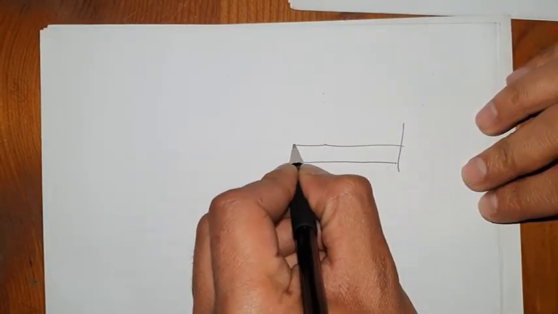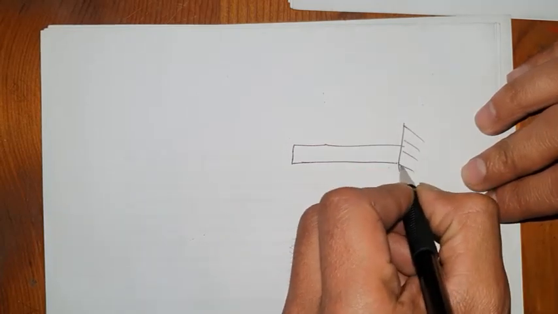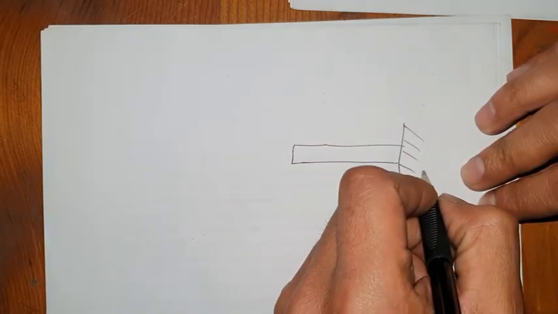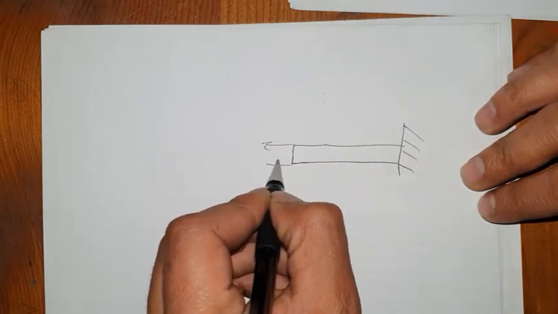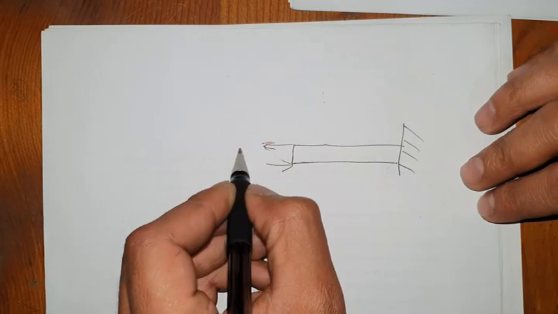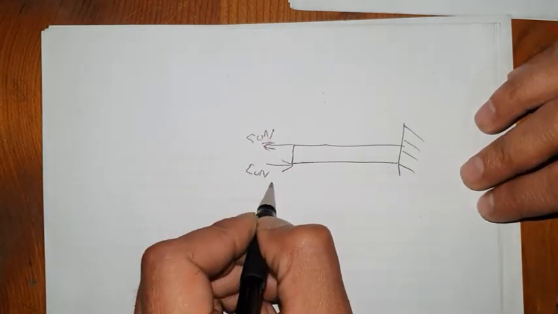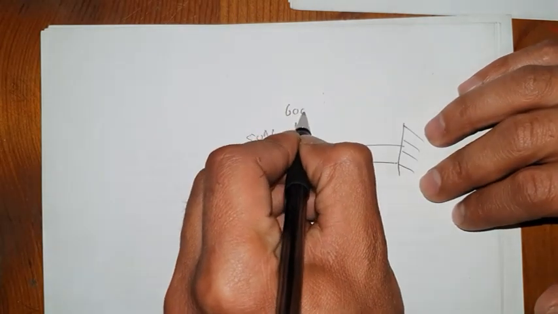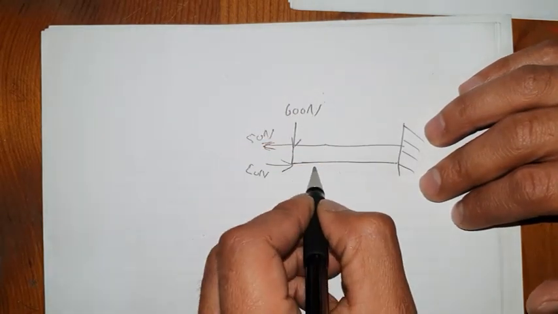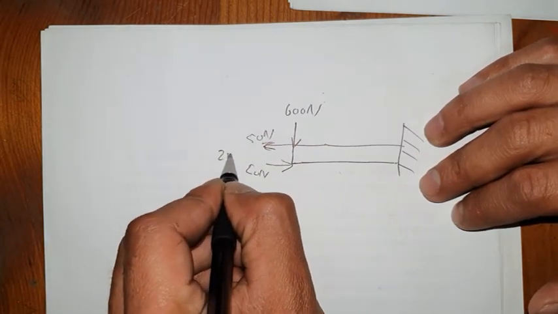We will draw it something like this, and it's attached here, and we have one force here, one force here. Both of them are 50 newtons, and another force we have here, it's 600 newtons, and the distance is 2 meters.